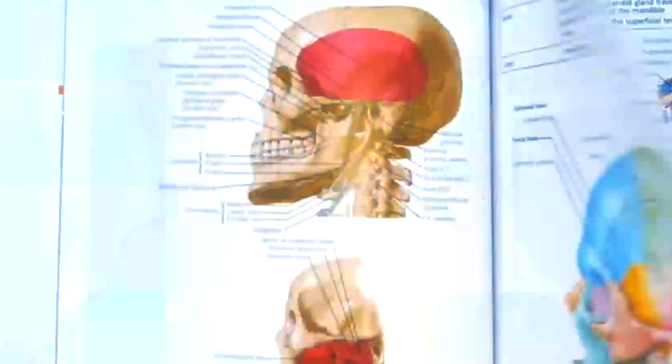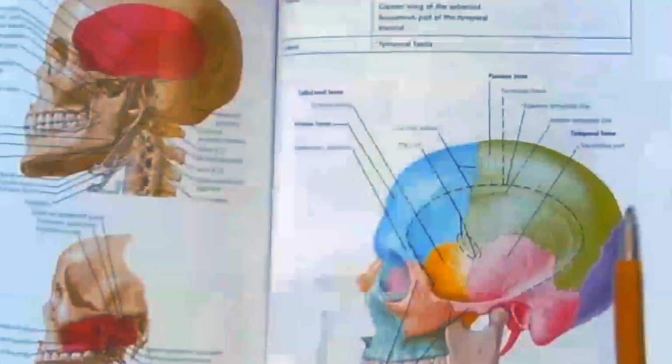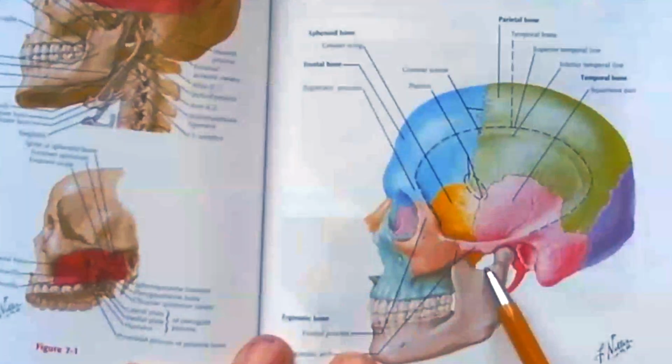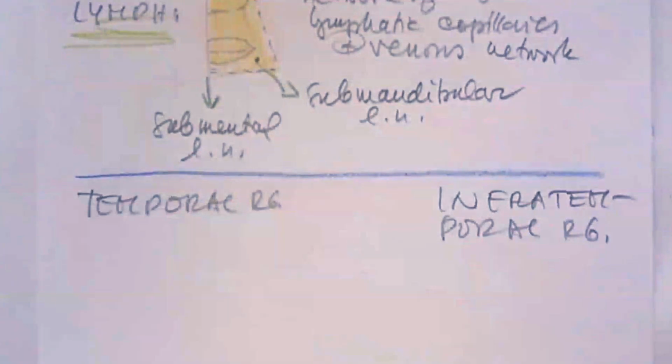Very nice diagram. And then we said that the deepest part of this infratemporal fossa would be the depression which is called the pterygopalatine fossa.